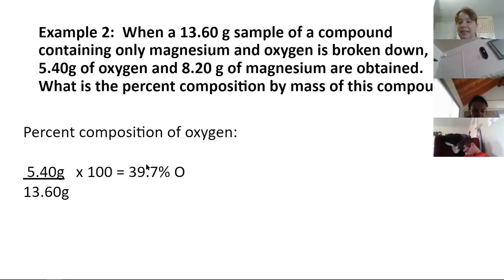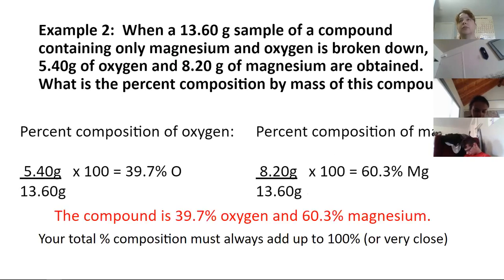So these are actually easier than the other type. Then it tells us our amount of magnesium. So to find the percent of magnesium, we just take that value, 8.2, divided by the total to get our percent magnesium. Okay, and remember that your 2 percentages, or 3 or whatever you have, should add up to 100.